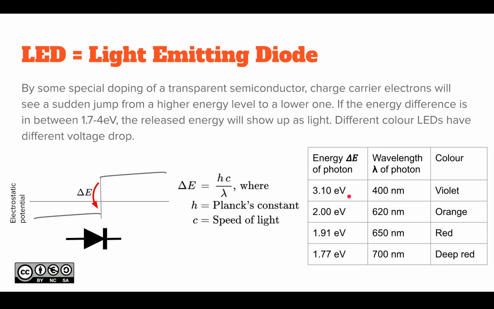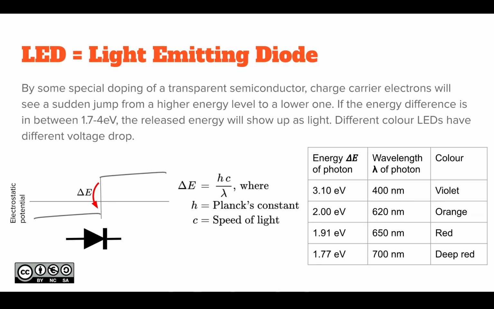And the higher the energy, for example, violet, 400 nanometers, requires 3.1 electron volts, meaning a jump which is equal to 1 electron dropping 3.1 volts. Okay, meaning that when you have different color LEDs, the voltage drop actually depends on the color.